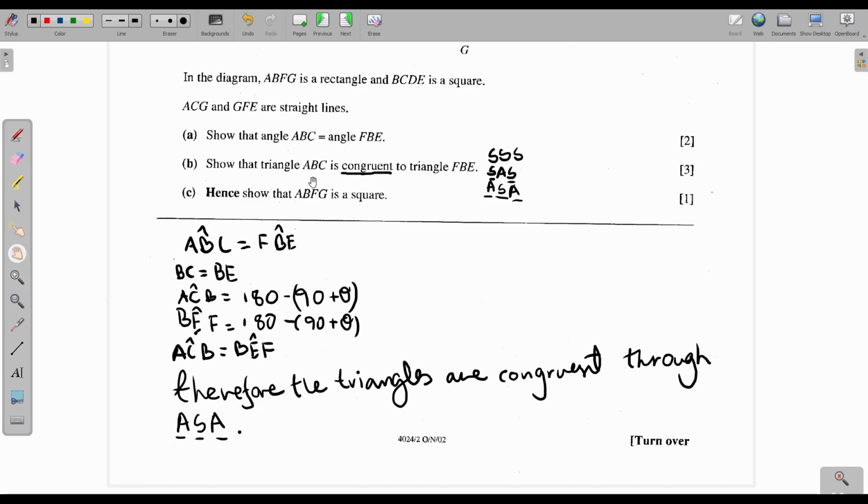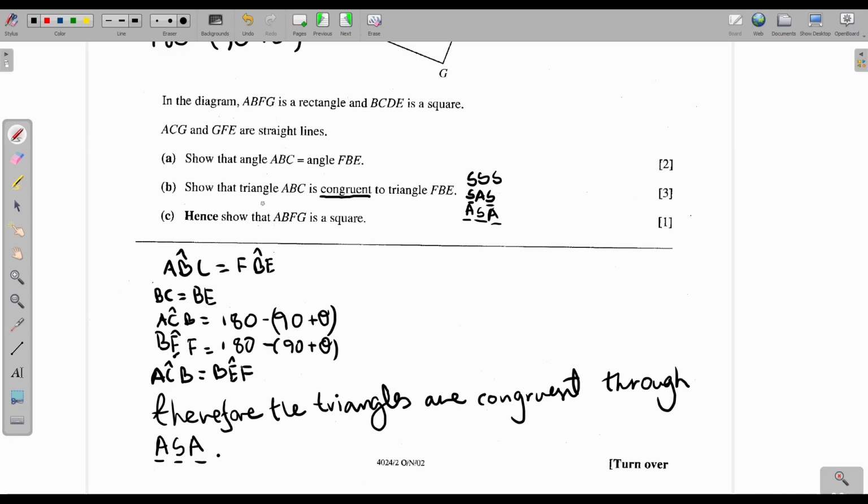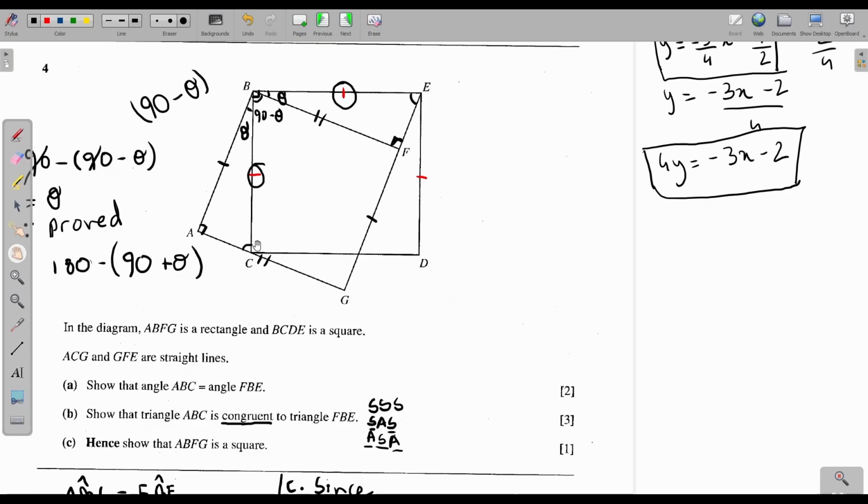So that is done, and now part C says, hence show that ABFG is a square. So let me just make space for part C. Because both of these triangles are congruent, let me just draw them out like this. One of them is like this, and the other one is like this.